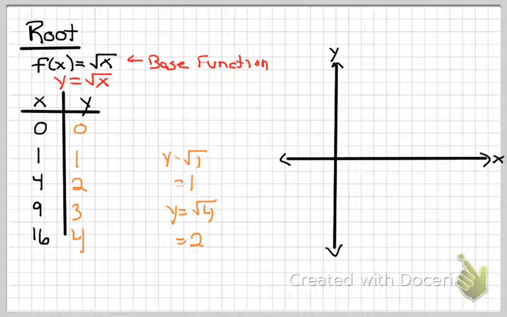So when we graph these points, we have 0, 0, 1, 1, 4, 2, so over 4, up 2, and then 9, 3.